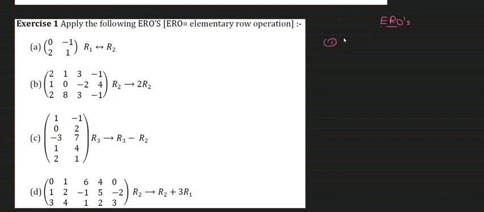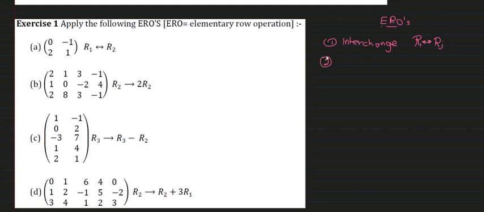Number 1 is that we can interchange, or exchange, any row Ri with Rj. This is how we describe it, with a double arrow, for example exchanging row 1 with row 3 and row 3 with row 1. So this is the first possible operation.